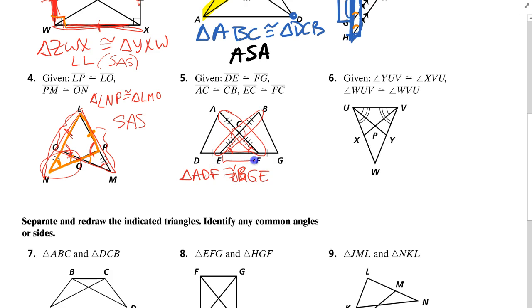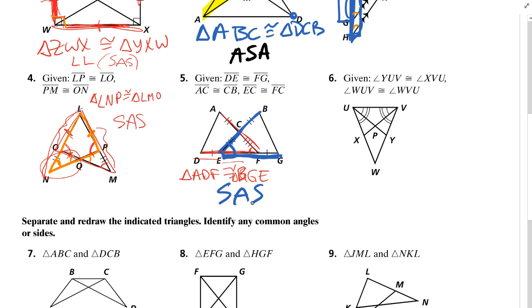Also, since EF is congruent to itself, I can add the DE to EF and the congruent part GF to EF, and I end up with this side with this angle, and this side congruent to this side, and this angle, and this side. So, SAS for number 5.